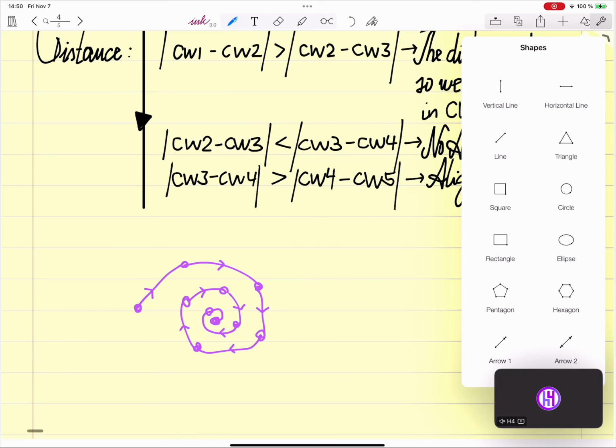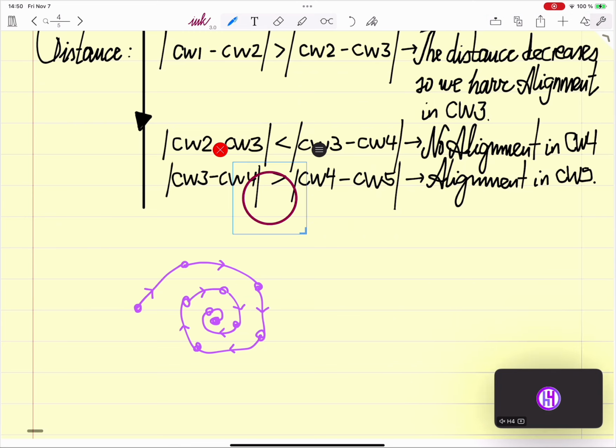You can define how little. This is what we call the threshold or the circle of alignment in the paper.